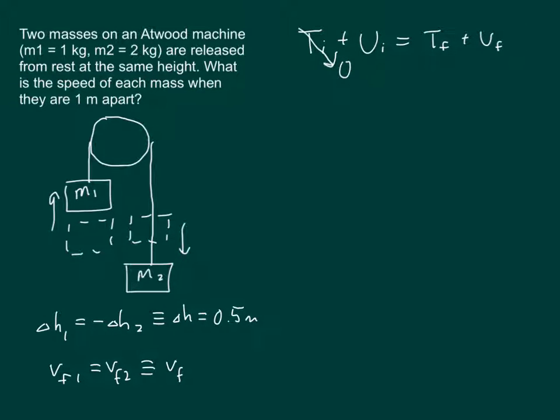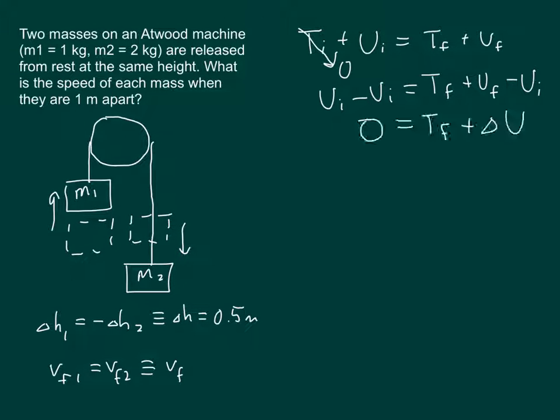Now we can subtract U sub I from both sides, and we get 0 equals the final kinetic energy plus the total change in the gravitational potential energy. And we can plug in the formulas for the kinetic and gravitational potential energies, and we get this expression.